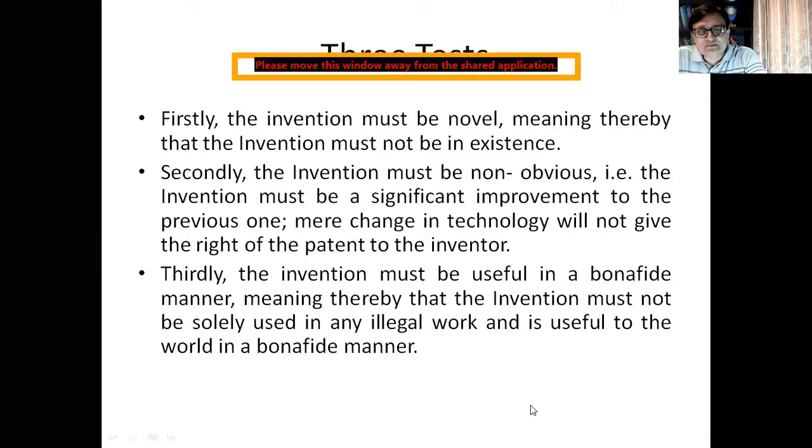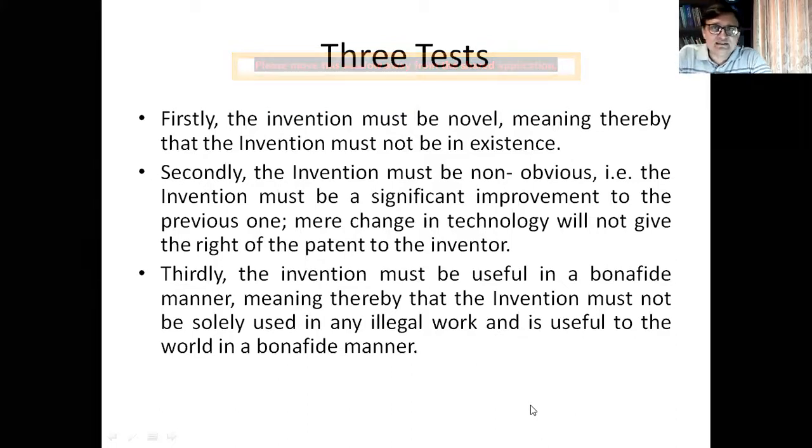Thirdly, it must be useful in a bona fide manner, in a legal manner, which is not prejudicial to the interest of anybody or to the sovereignty of the country, or objectionable from the cultural or ethical point of view. So it should not be objectionable. All these things should be covered.